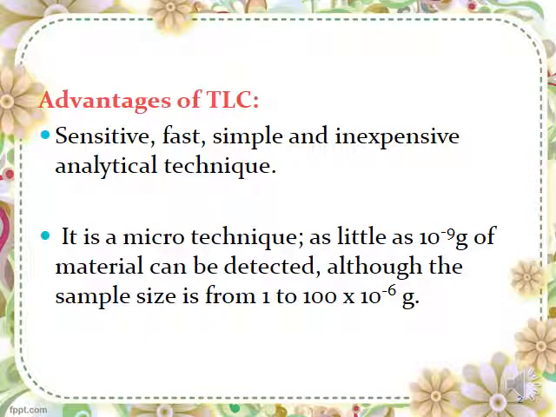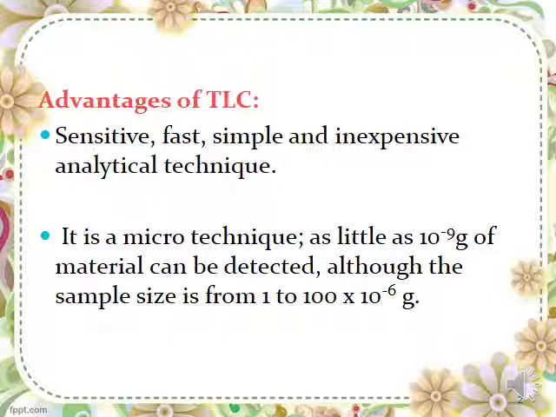So what are the advantages of using thin layer chromatography? It is very sensitive, fast, a simple technique, and inexpensive, because we only use a piece of coated silica on aluminium or glass, rather than the high-end instrumentation that I mentioned in the early lecture.